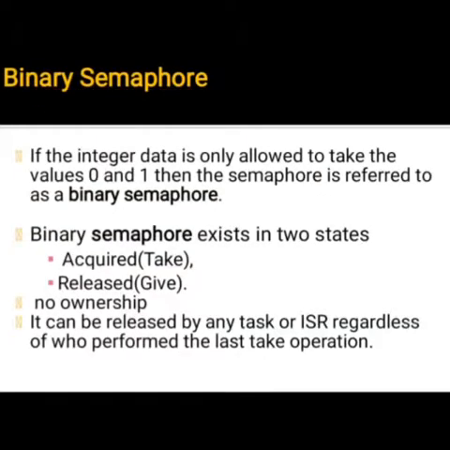Now we will see the binary semaphore. Already I have mentioned that the semaphore is a non-negative integer value. So if the integer data is allowed to take only the values 0 and 1, then this type of semaphore is called a binary semaphore.